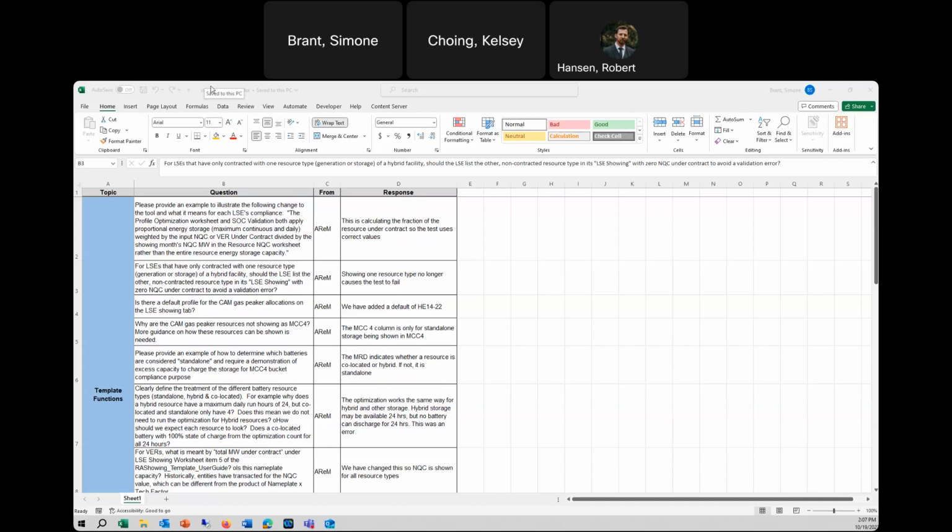So it would take a very long time to discharge fully or to charge fully. With this change, it's now assuming that there are only 40 megawatt hours of energy storage capability on that resource under contract. So I hope that clarifies that question.